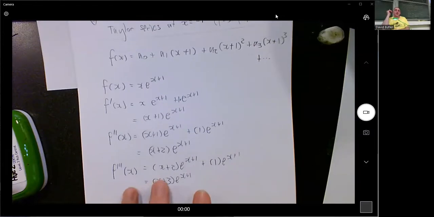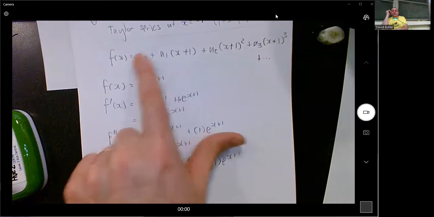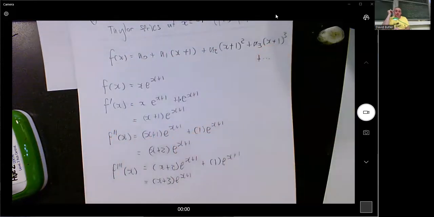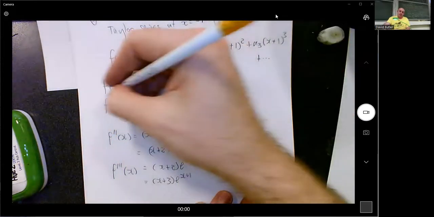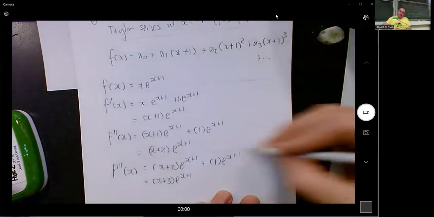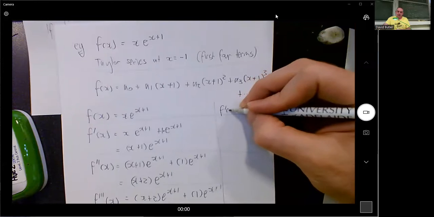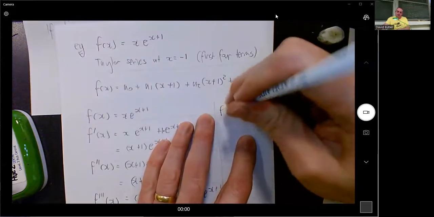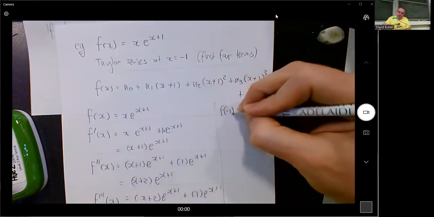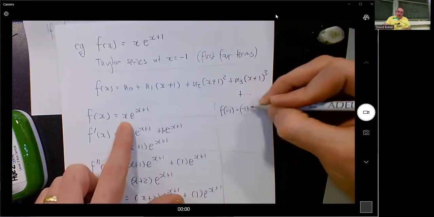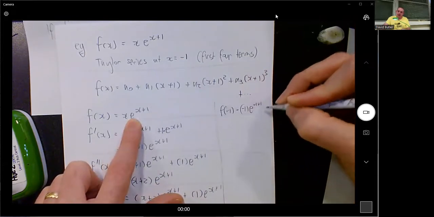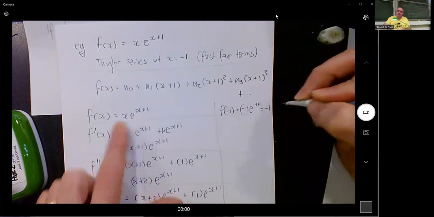So this is as far as I need to go to get 4 terms: 1, 2, 3, 4. So f of -1 is -1 e to the -1 plus 1, which is -1.